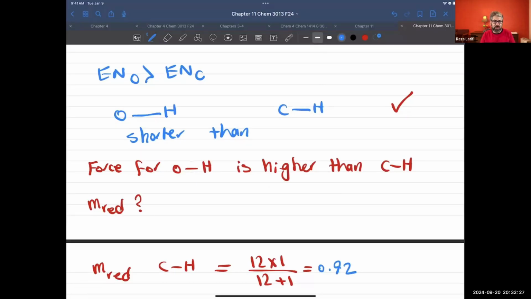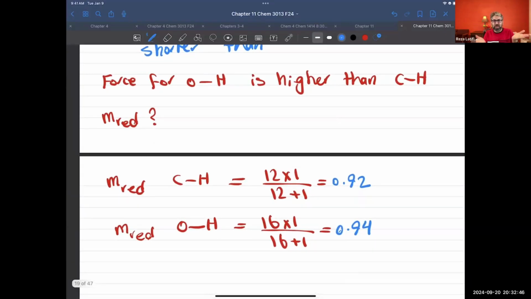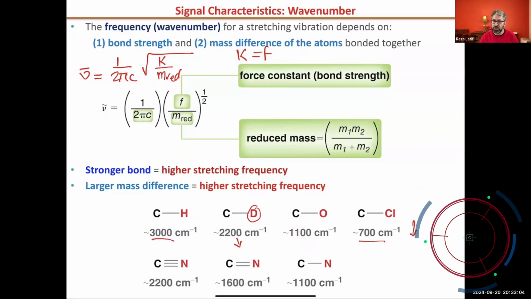H is attached to oxygen, and because oxygen is more electronegative than carbon, OH should be shorter than CH, and OH should show up at higher frequency than CH. True. But keep in mind that you have two factors working against each other. Electronegativity is favoring OH, while reduced mass is favoring CH. Which one is dominant? In this case, for OH, electronegativity. But you have to be careful about actually using this formula.